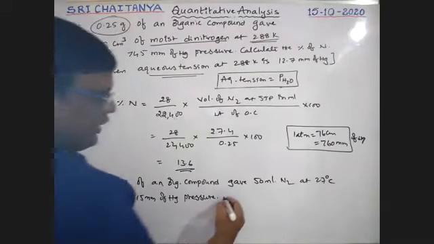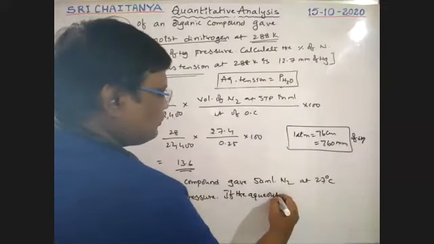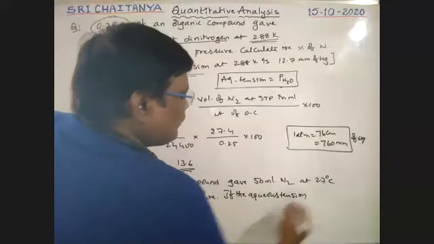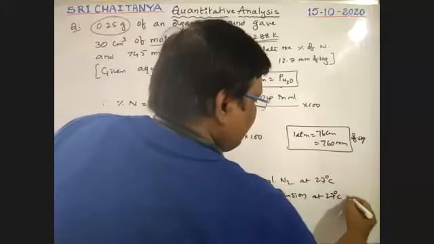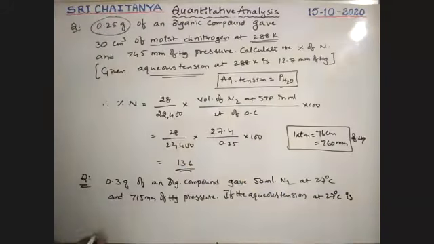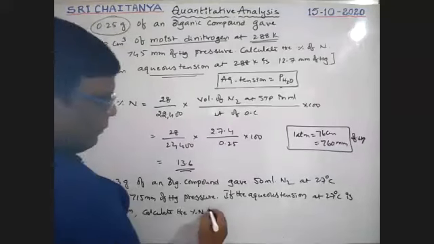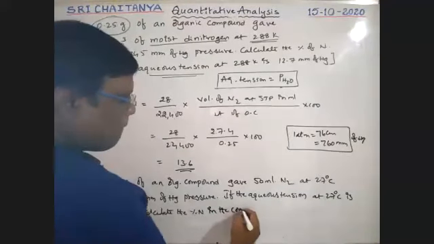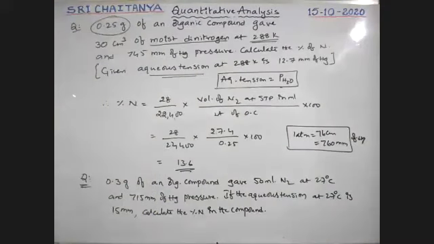If the aqueous tension at 27 degrees centigrade is 15 mm, calculate the percentage of nitrogen in the compound.